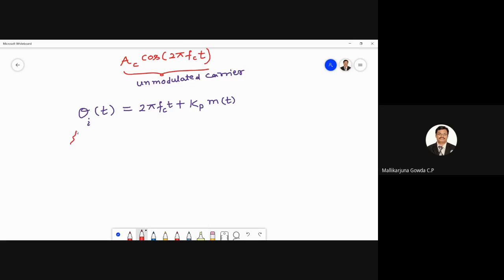Theta i of t is the modulated phase. And this one is what?